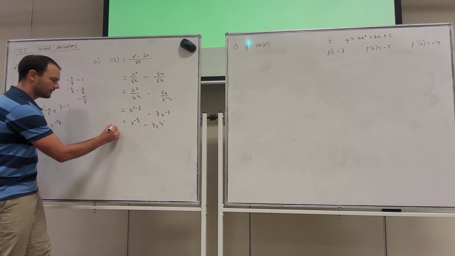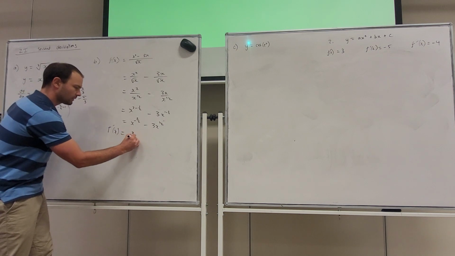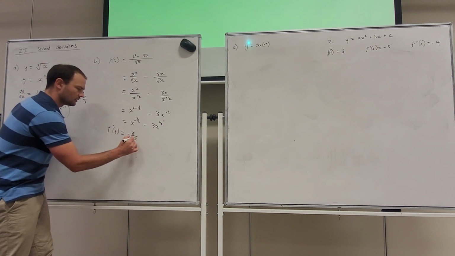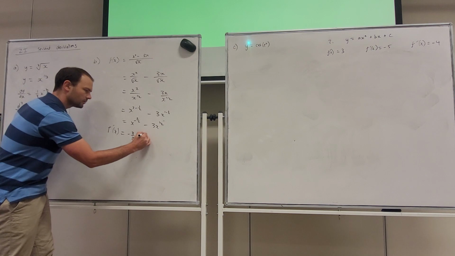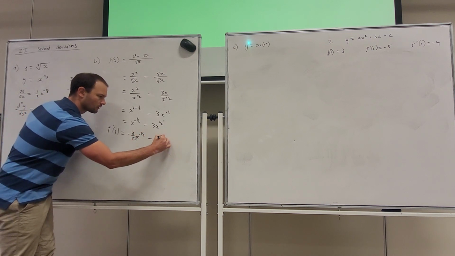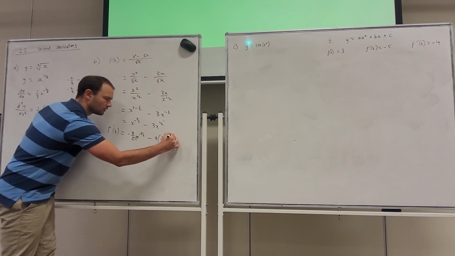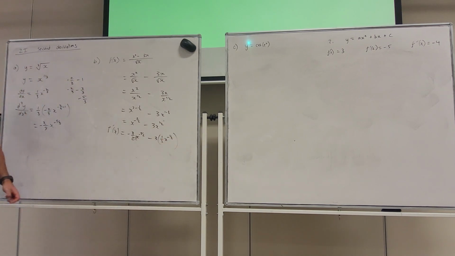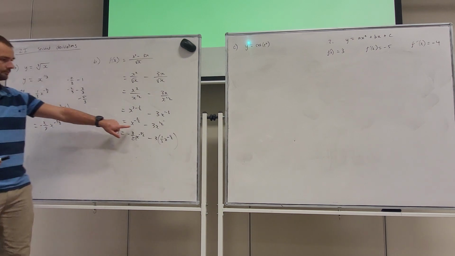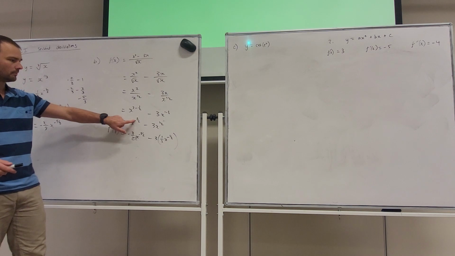Let's go. f dash of x, we're going to have minus 3 on 2 x to the minus 5 on 2. Okay, so what if the x squared take off? Wouldn't that be like a positive 3 on 2?